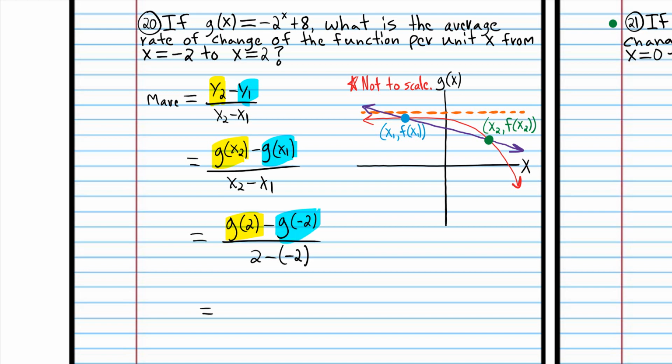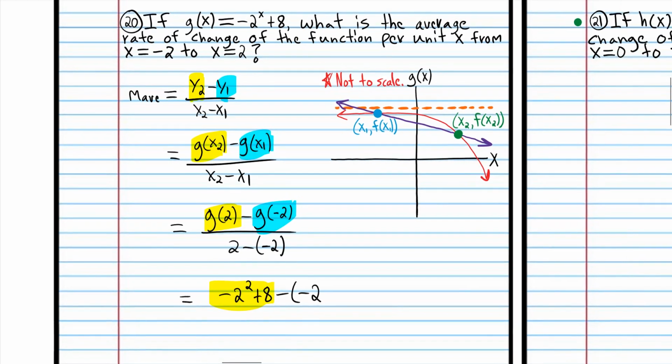So that's going to be negative 2 to the second power plus 8 minus negative 2. That's g of 2 there. G of negative 2 is negative 2 to the negative 2 power plus 8. That's g of negative 2.